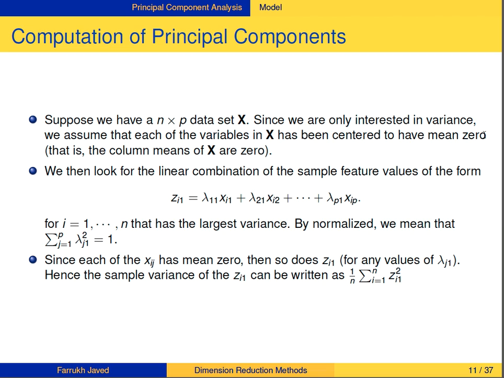Then we look for the linear combination with the largest variance, for z1. Since each x has mean 0, so does z1. The sample variance of z1 can be written as just a squared sum, because the mean is 0, divided by the number of observations.